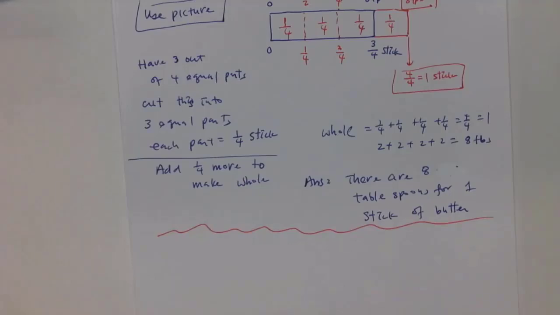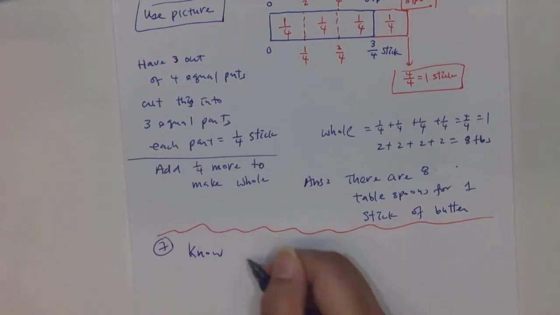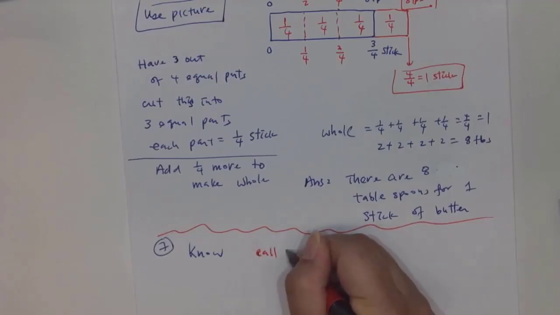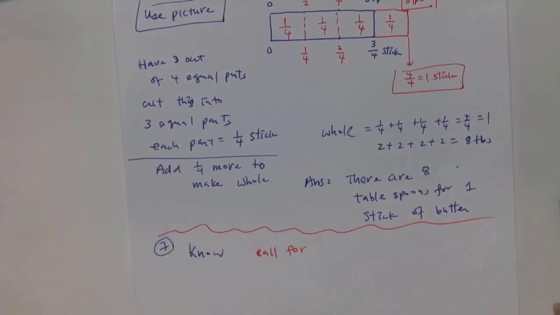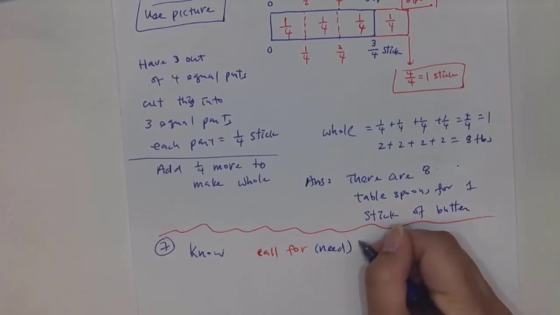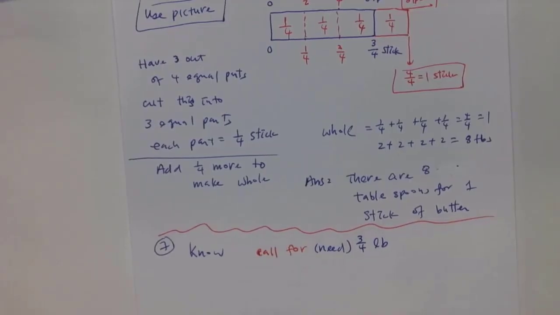Number 7. What do we know? Okay, it's calling for, which we need, right? 3/4 of a pound. Okay, and how much do you have?